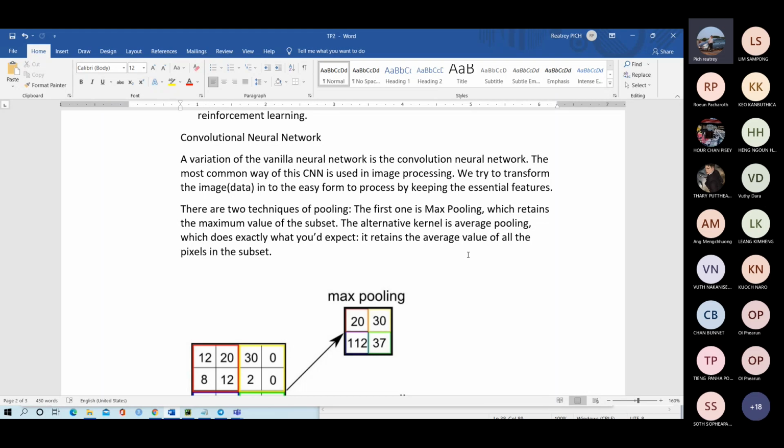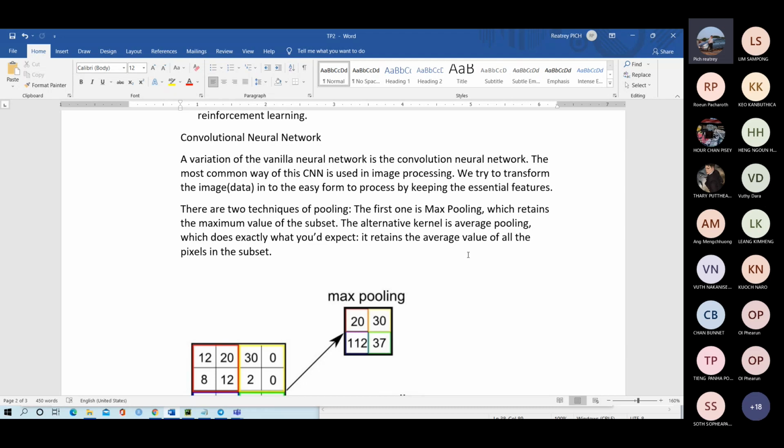So the definition of the convolutional neural network is CNN. CNN is a variant of linear neural network. You can say convolution is about summations. So when you form up a neural network, for example, you have output y, input x.